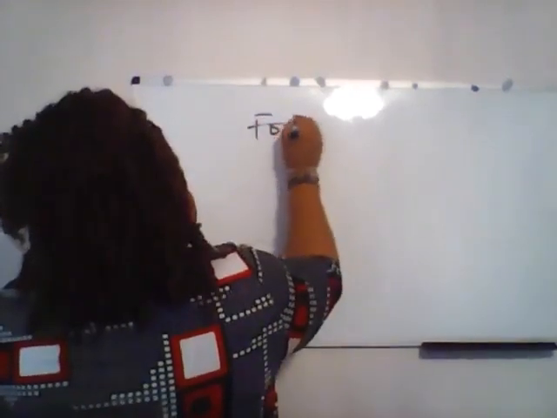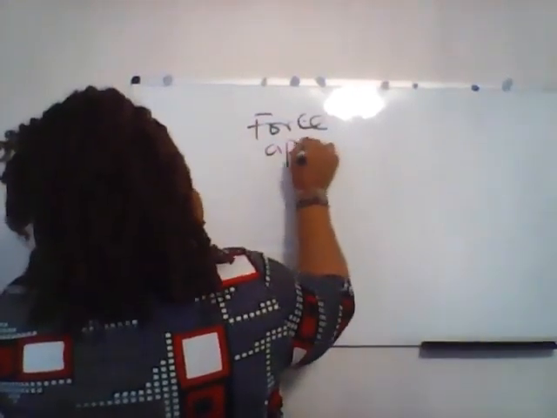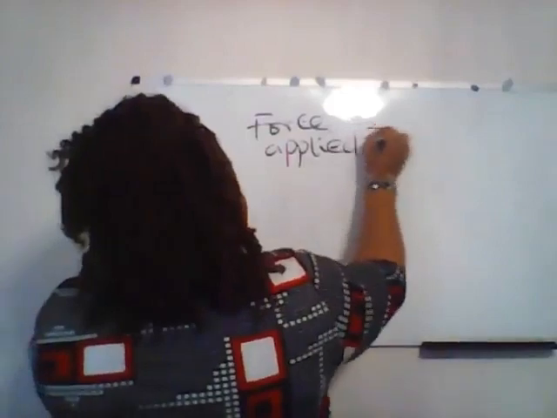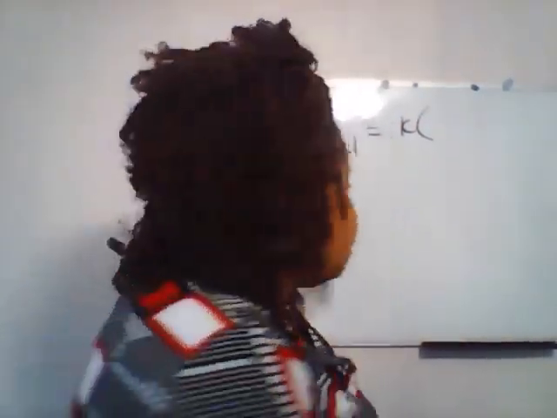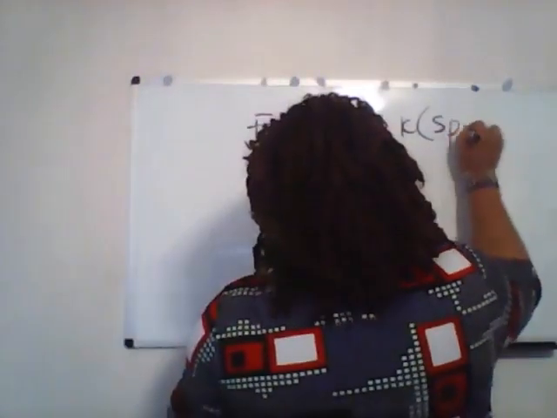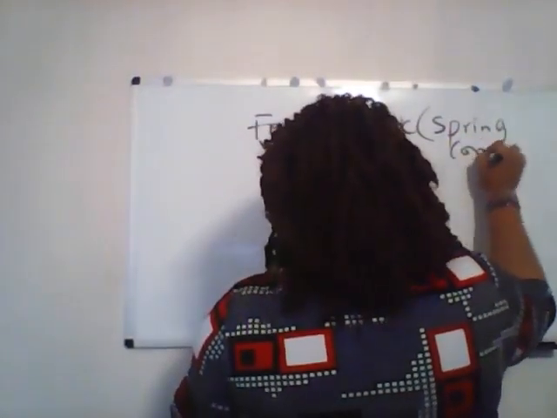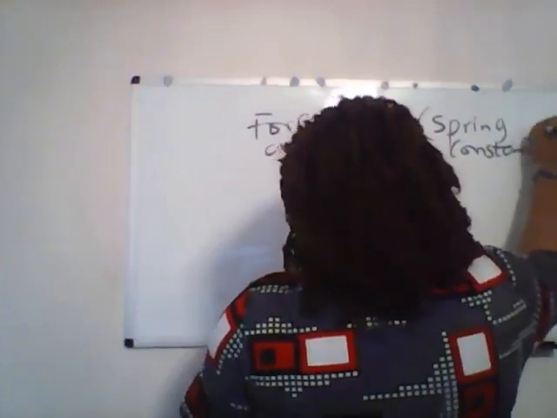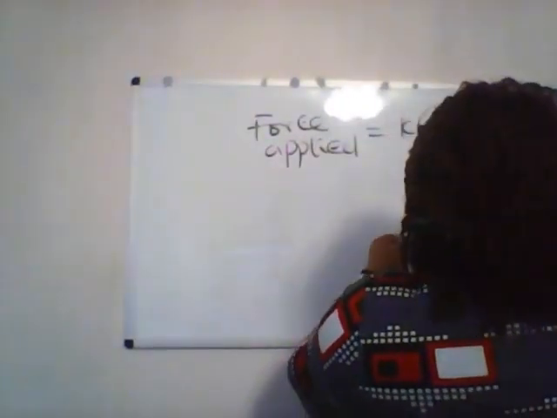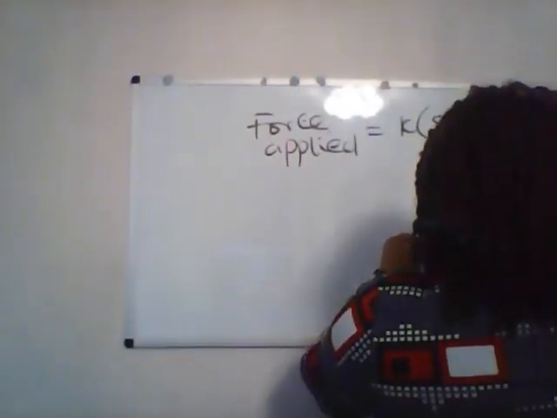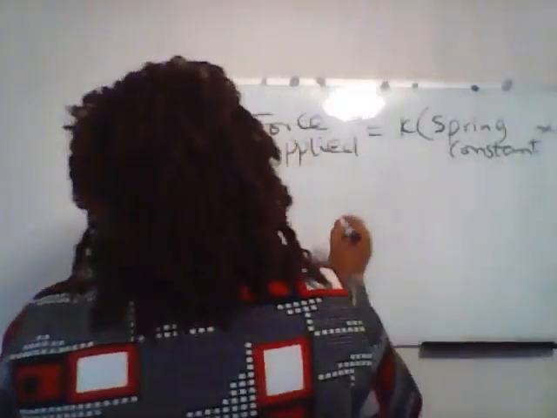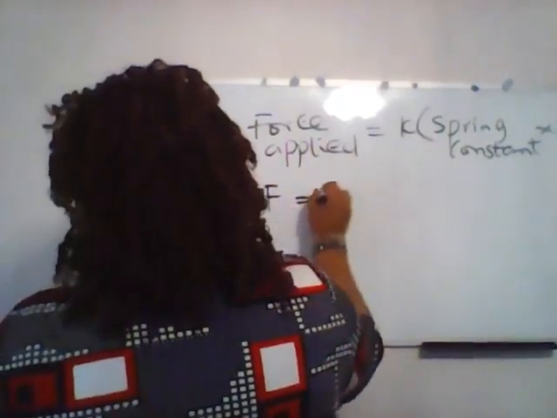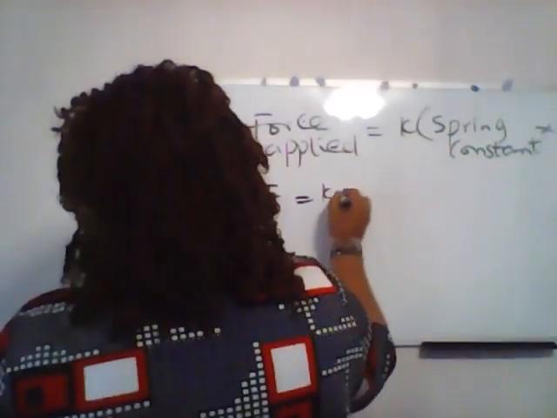The force applied is equal to K, the spring constant, times the extension in centimeters, or whatever you're given. So it's actually F is equal to little k times E.